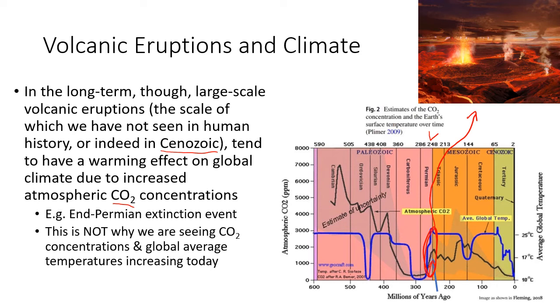Flood basalt is essentially like Hawaii just gently flowing out lava, but think about that on a continent-wide scale. This covers huge regions, large stretches of Siberia, in lava that's half a mile to a mile thick. So huge amounts of CO2 went into the atmosphere, leading to a mass extinction event.